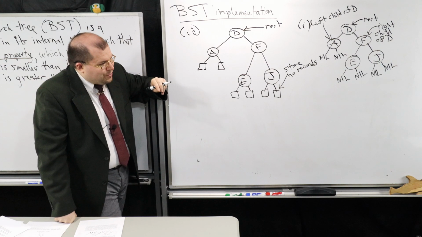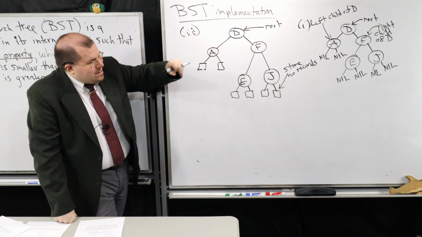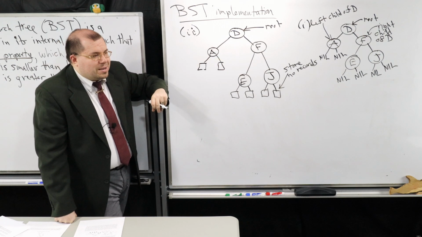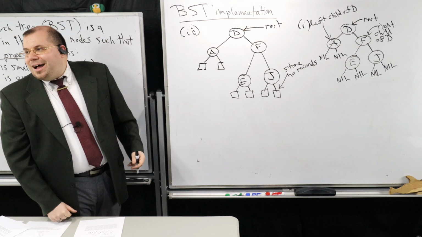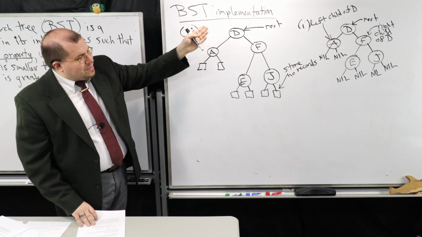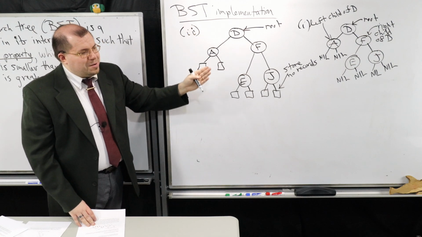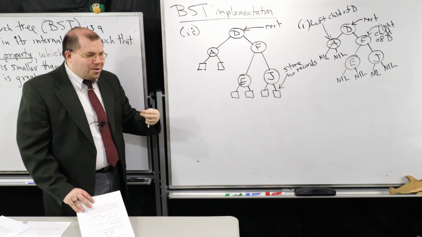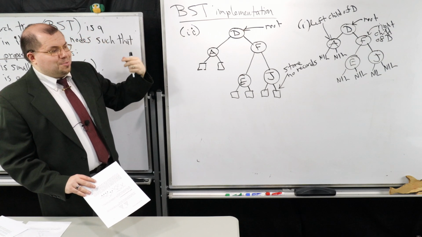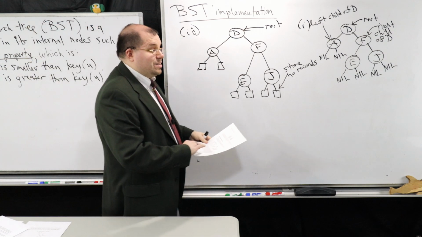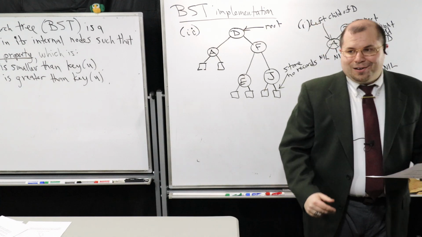When you don't have them, when you're dealing with implementation number 1, you have to be very careful because now you're dealing with null pointers all over the place. So when I talk about the algorithms, I'll talk about number 2 because I want to make sure that you have some familiarity with how we manipulate the nodes and how we would represent the tree based on the exact definition I gave over there.